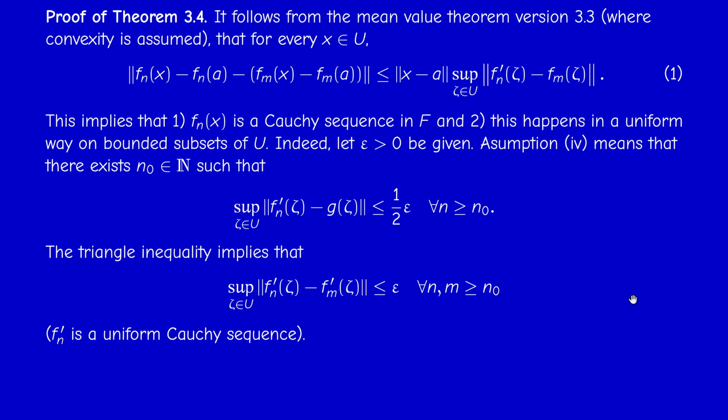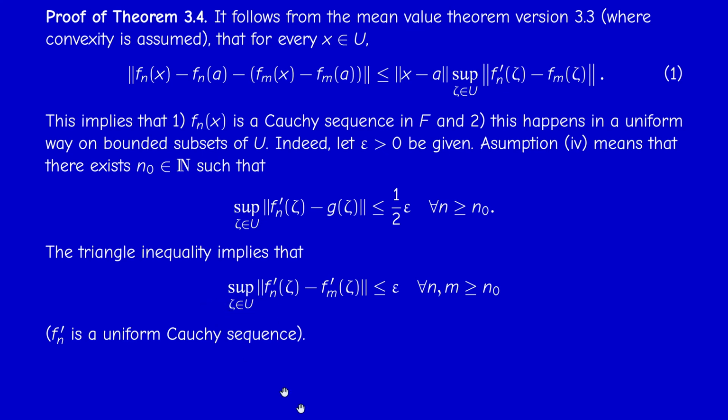And therefore, if I take m and n bigger than n0, and I use the triangle inequality, I see that Fn prime is a uniform Cauchy sequence. This is just the triangle inequality, because the distance between Fn prime zeta and G of zeta is less than epsilon over 2, and the distance between Fm prime zeta and G of zeta is less than epsilon over 2. So when I use the triangle inequality, I see that the distance between Fn prime zeta and Fm prime zeta is less than half epsilon plus half epsilon, and this happens independently of zeta.